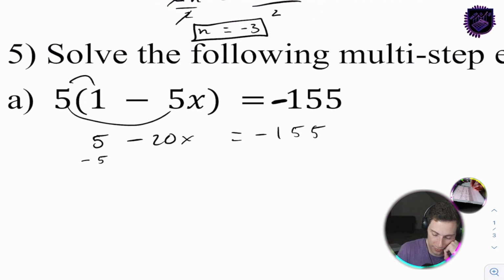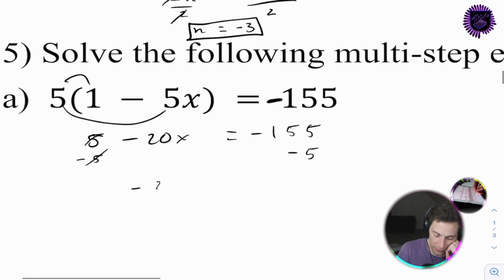Now let's subtract 5. Subtract 5 cancels there. -20x is equal to -160.